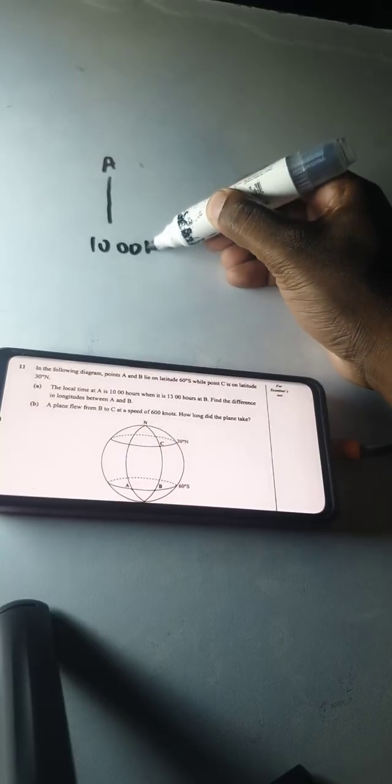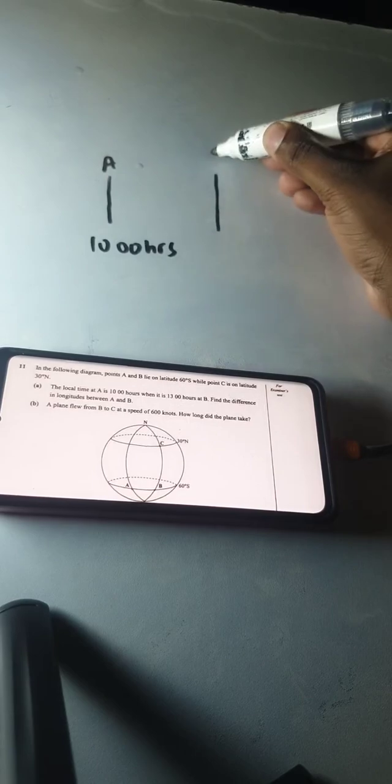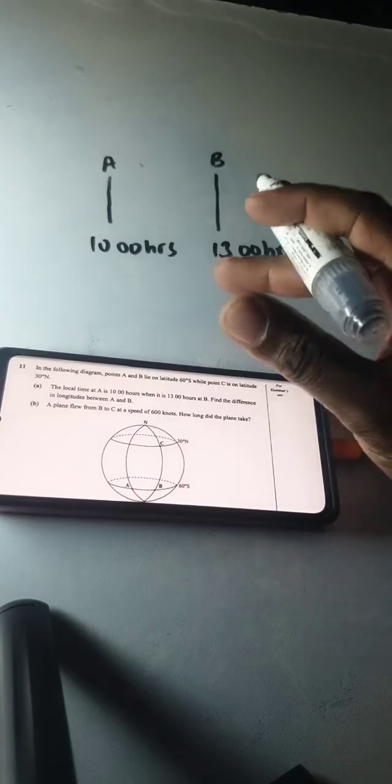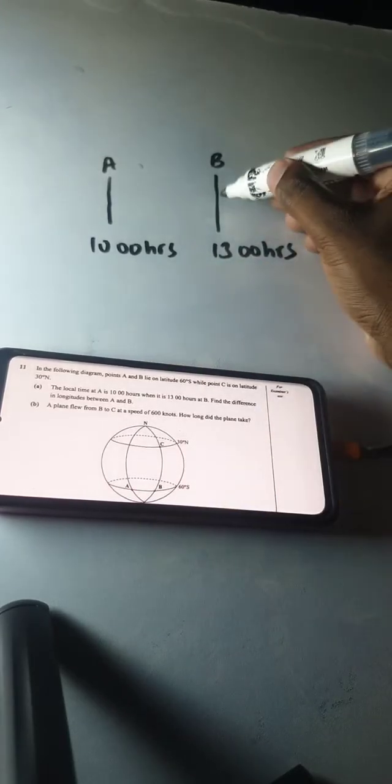Now it's saying that the local time at A is 10 hours when it is 13 hours at B. Find the difference in the longitude between A and B. Since we know that the local time at A, which is due west, is 10 hours, and the local time at B is 13 hours, we first find the difference in their time.